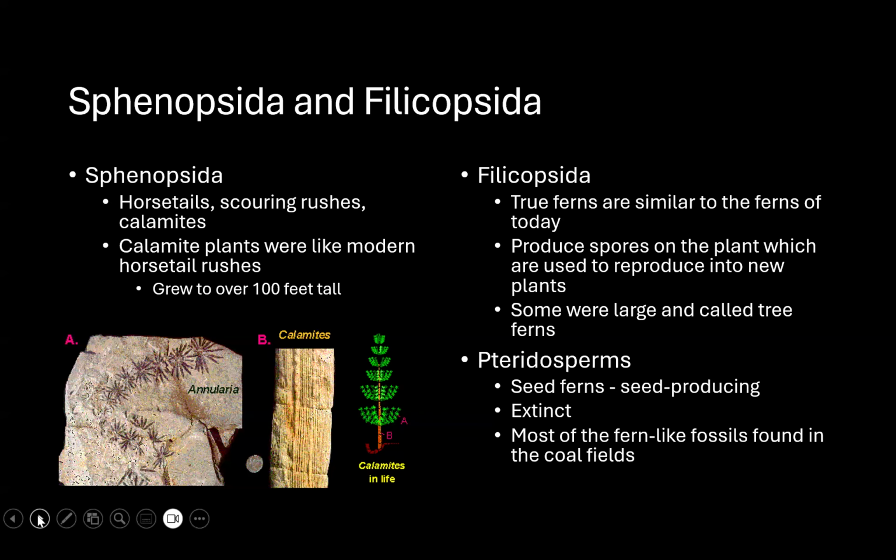Now, millions of years ago, during this Pennsylvanian era, these ferns were not small. They're not like the low growing ferns we have in our woodlands today. These are very much like tree ferns. We still have a few modern day tree ferns on the other side of the world.